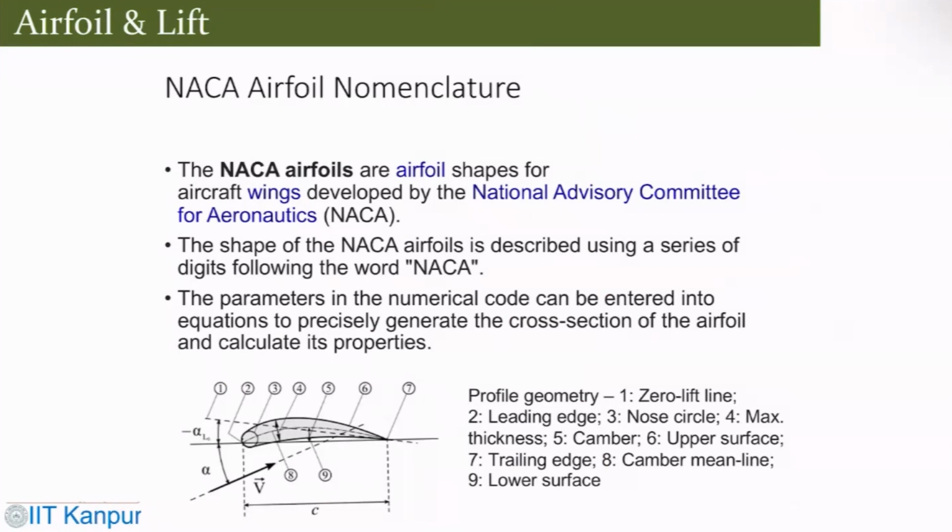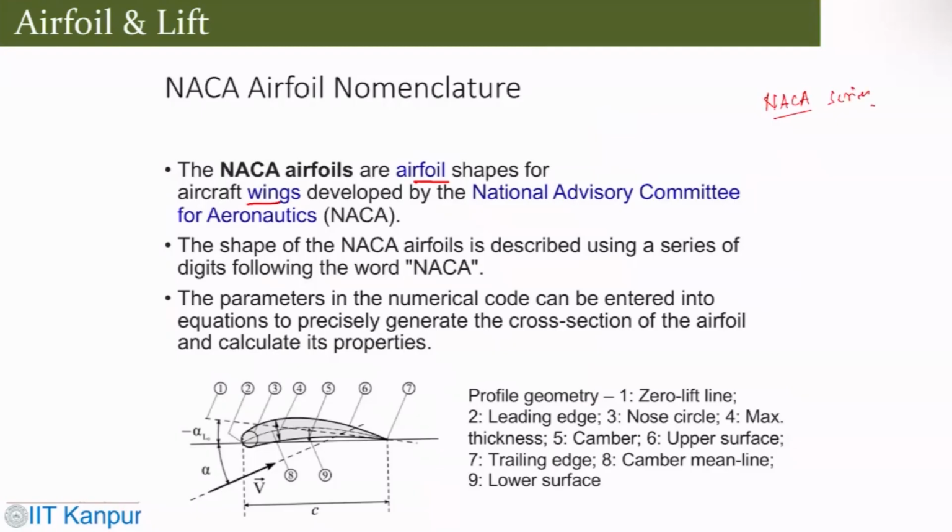Now when you talk about the nomenclature of the airfoil, this was given by the NACA, which was the National Advisory Committee for Aeronautics. And it defines airfoil shapes and also aircraft wings. And that's what the series are most of the time. These airfoils which are used are called NACA series.